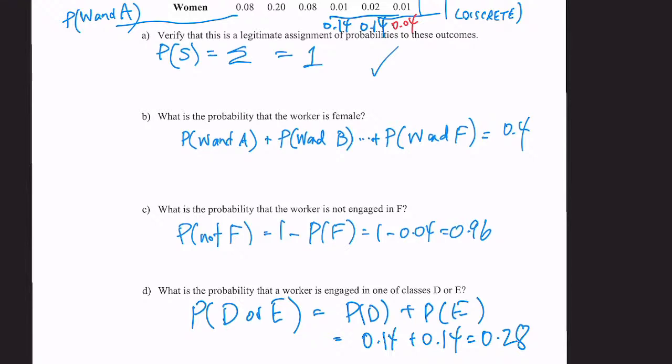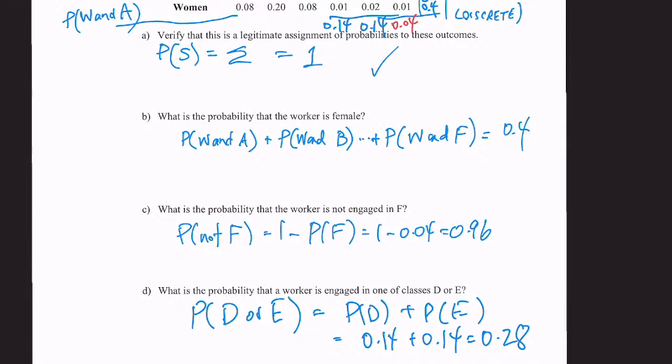And that's it. So now we're oriented around this distribution. We have an idea how it works. We understand what the elements are and how to combine them to find joint or compound events. Adding across to find the probability of women, which we figured out was 40%. And then I guess men must be 60%, right?